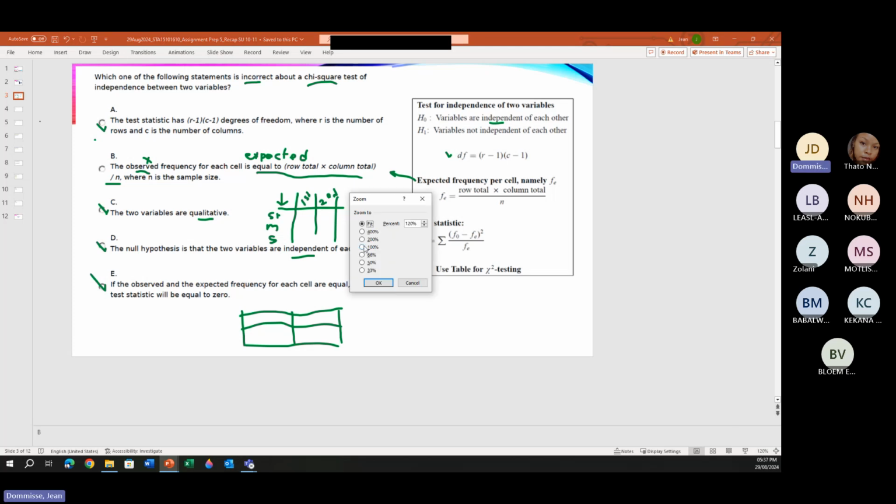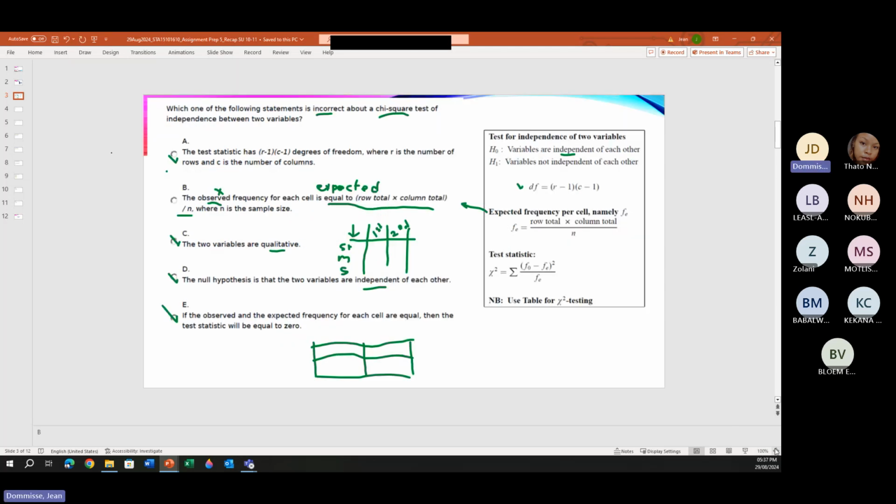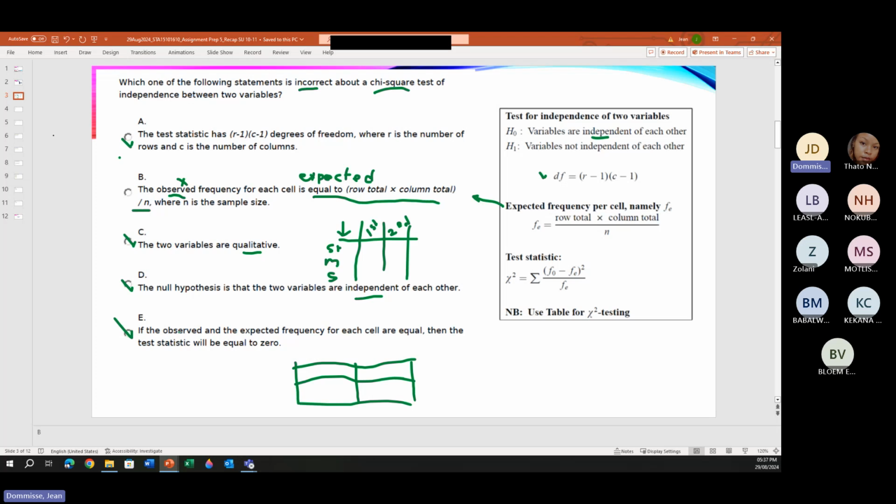Let's say the observed is 100, then the expected is also 100.